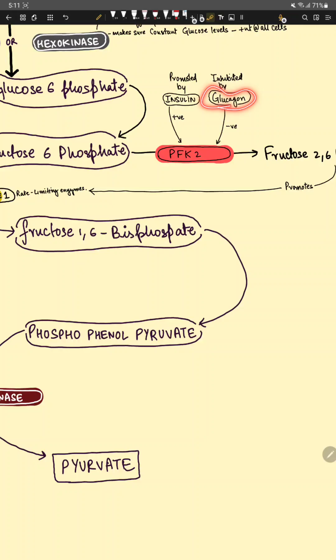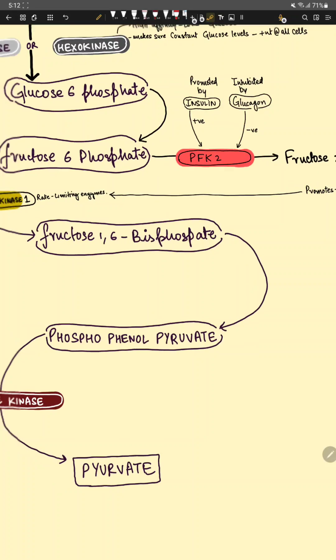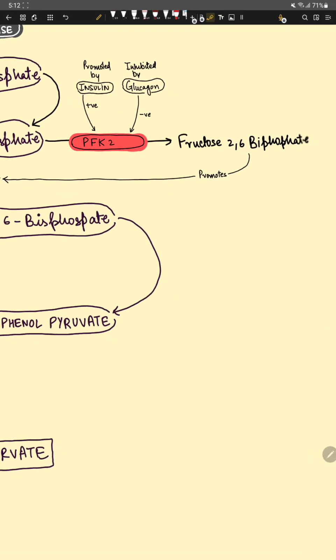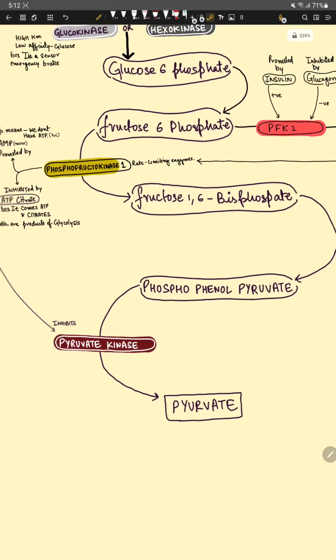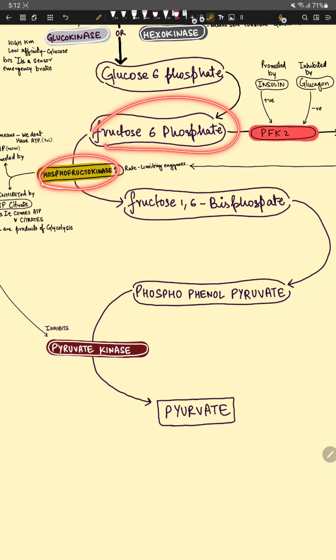Glucagon is the hormone that works when glucose is gone. It works negatively and inhibits PFK2. Once glucagon inhibits PFK2, fructose 2,6 bisphosphate won't be formed and it won't be able to promote PFK1. So PFK1 converts fructose 6 phosphate into fructose 1,6 bisphosphate.